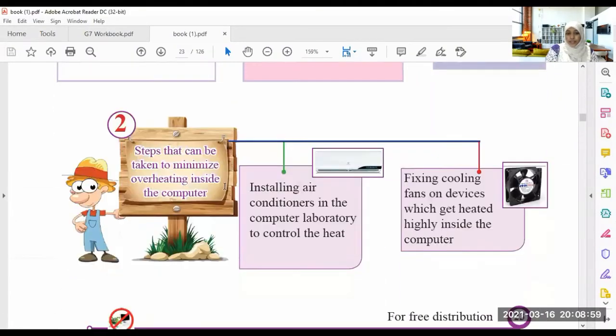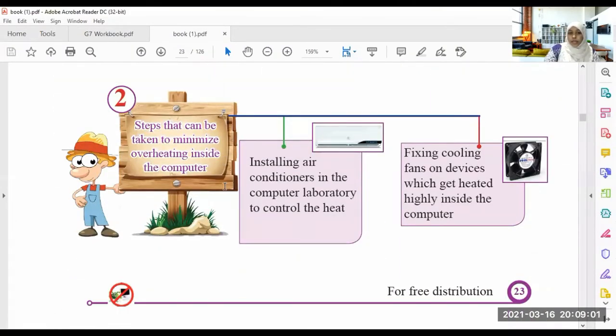Okay, next one. Steps that can be taken to minimize heating inside the computer. So how to minimize the overheat inside the computer? We can use the AC, air conditioner. Installing air conditioners in the computer laboratory to control the heat.